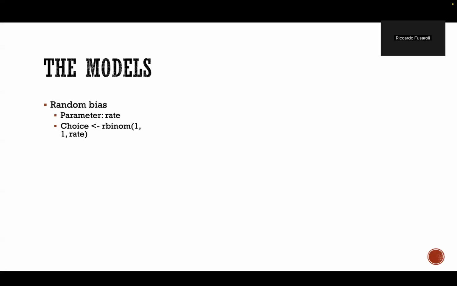The first is the random bias or biased random agent, which has 1 parameter, rate or theta or bias, exactly the same. It's embodied by the choice being given by randomly sampling a binomial distribution, one trial at a time, according to the rate that we have.